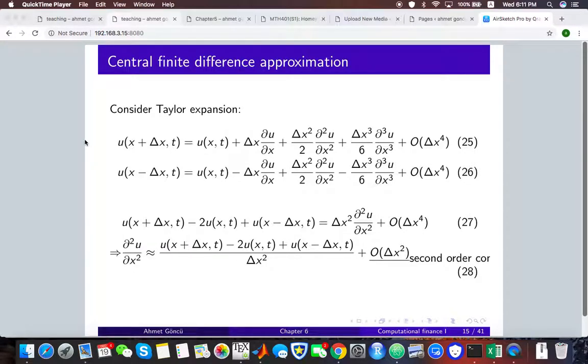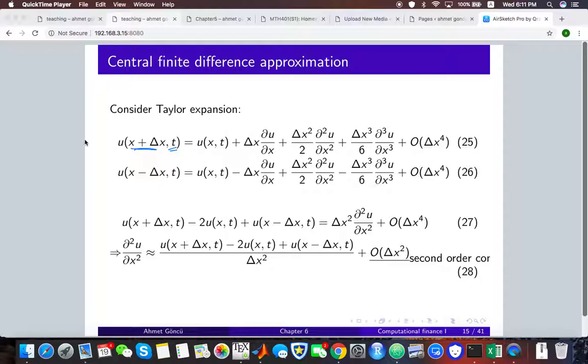We can write this more formally. This time we are taking the delta x instead of delta t, and we are fixing delta t, so t is just treated as a constant. We are not changing that. So we are taking the expansion of this term in terms of the x values.